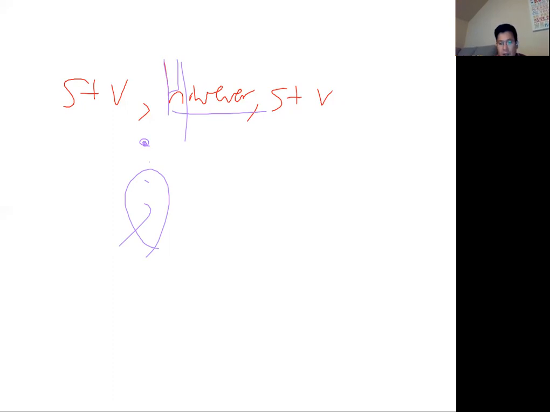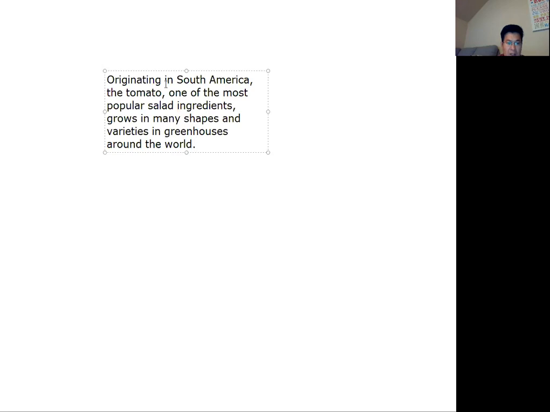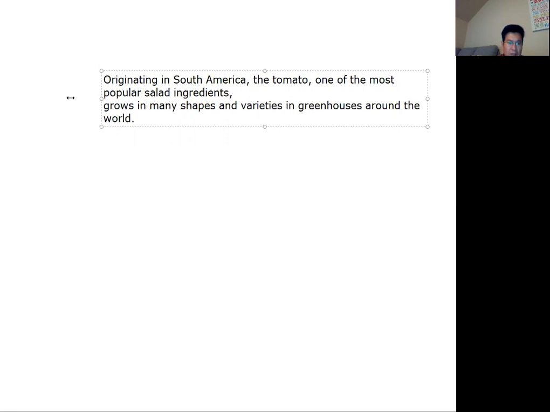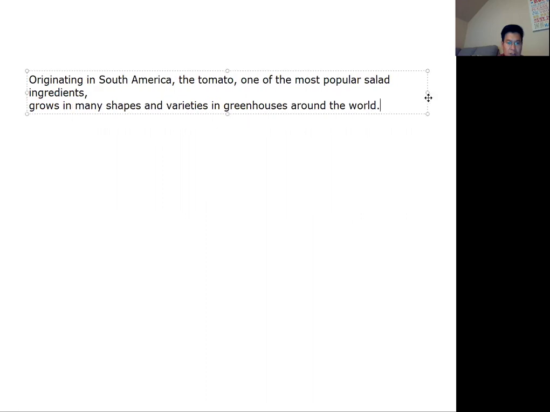And then now participles. When you think about participles, we have two different participles, present participle and past participle. And usually something that I'll explain more about is this sentence. Let's look at this sentence. This is a pretty popular sentence that you get to see all the time in the questions.